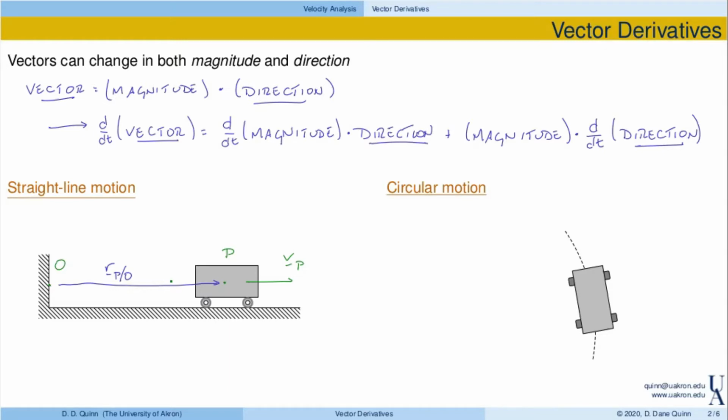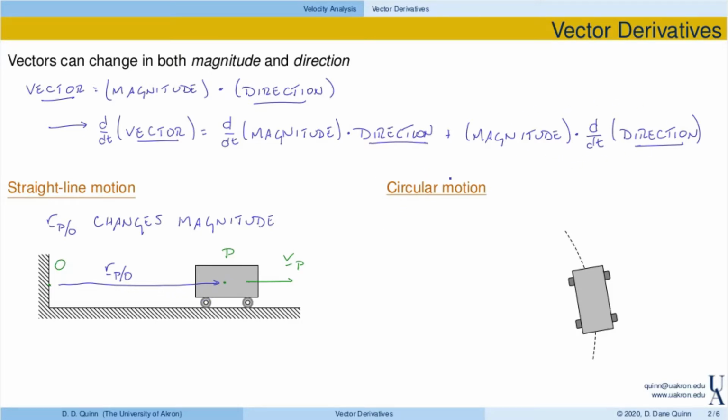So here, R of P with respect to O changes magnitude, but not direction. So in particular, this second term would be 0.